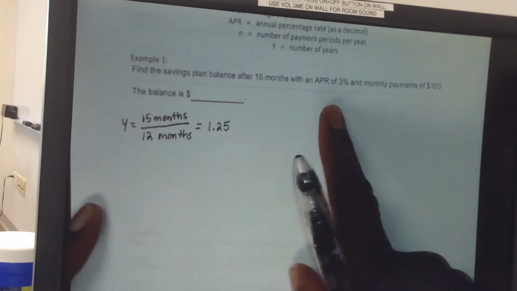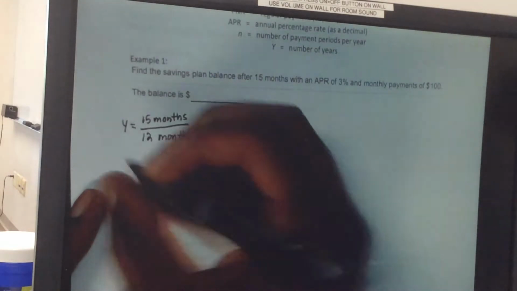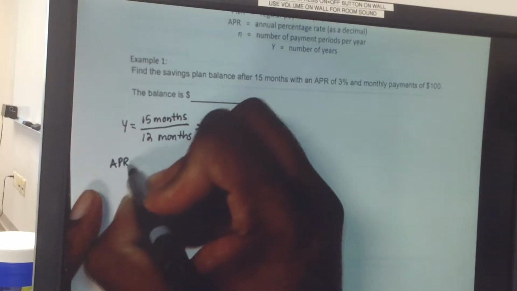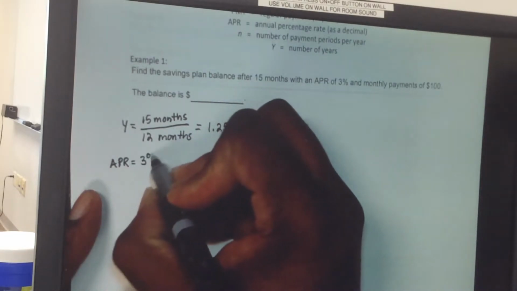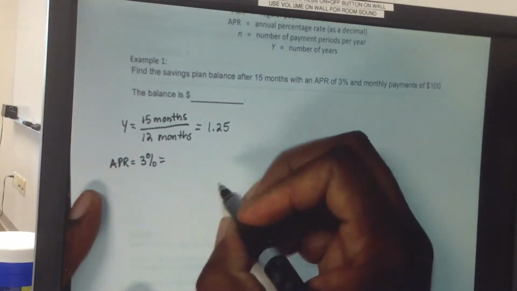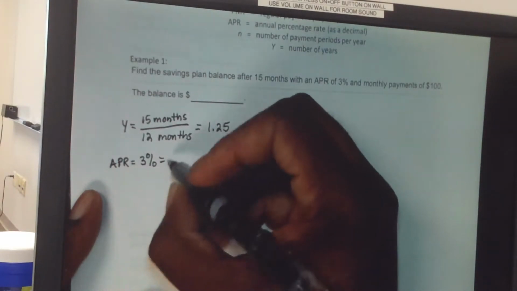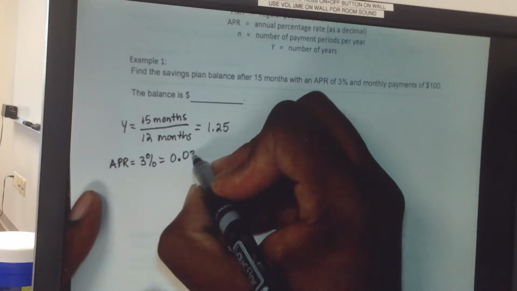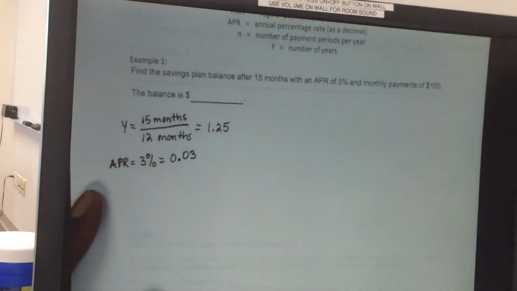The APR is 3%. Now, 3% as a decimal will be 0.03.